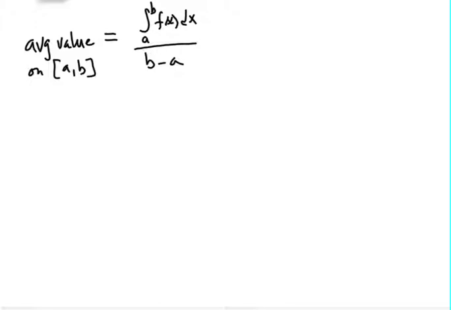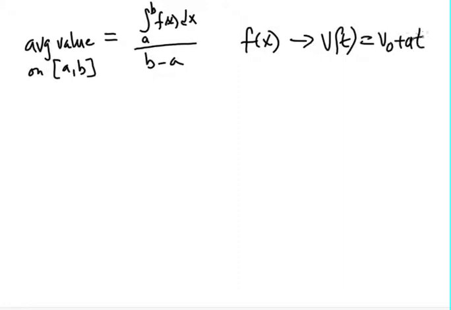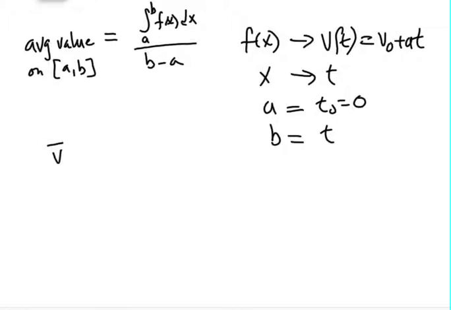That's just a definition from calculus, and we're going to use our function right here. f of x is going to be basically the velocity as a function of time, which is v0 plus at, and x is actually going to be t, where a is going to be t0, which was 0, and b is going to be our final time, t. So with these interpretations, we're going to calculate the average value of the velocity.